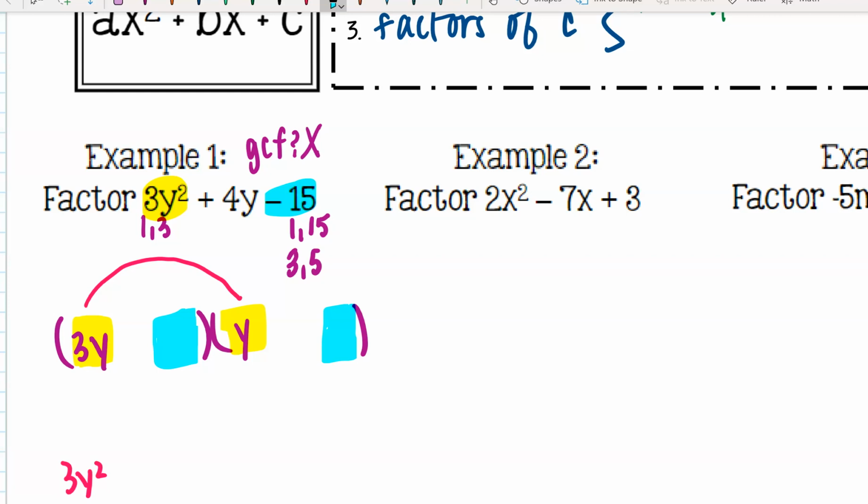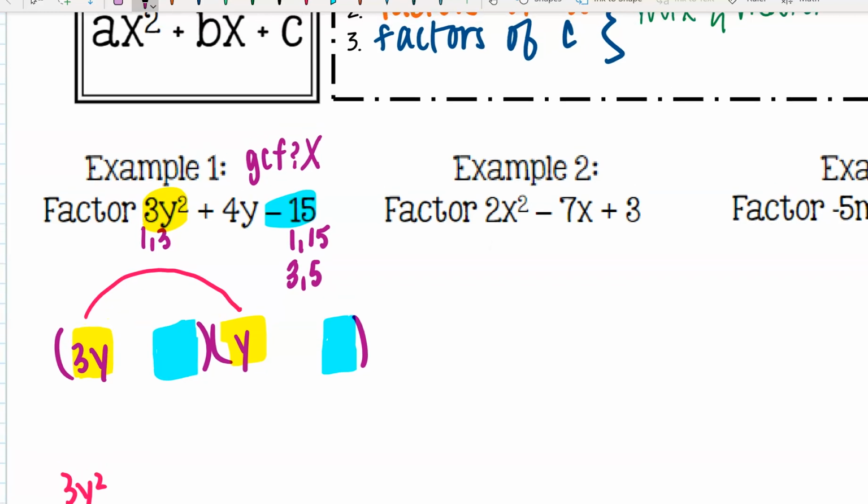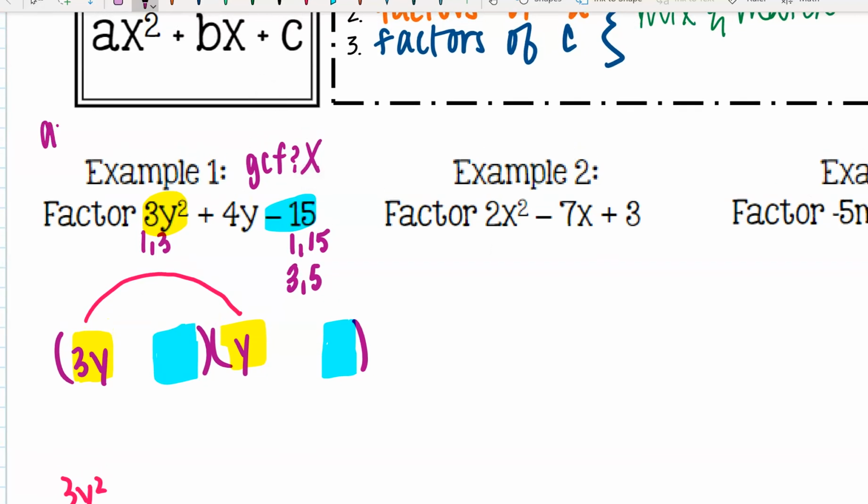The general signs here still apply. When we look at our last term, the constant, and the factors, we also need to keep in mind our signs. For this one, we have ax squared plus bx minus c. That's the format for example 1, which means we're going to have a plus and a minus.